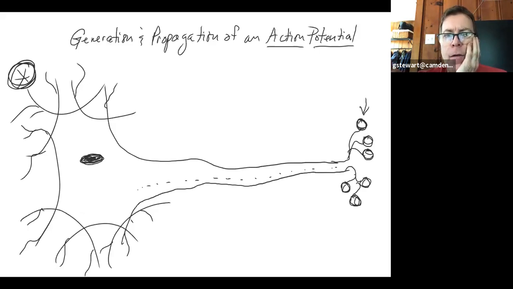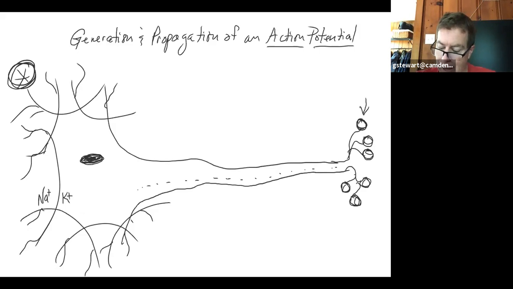But when this nerve cell does fire an electrical impulse, here's the sequence of events. First, at resting membrane potential, we know that sodium concentration is high outside of the cell and potassium concentration is high inside of the cell. We've already established that. I'm not going to draw it, but that goes all the way around the cell, including down the axon, this separation of ions.